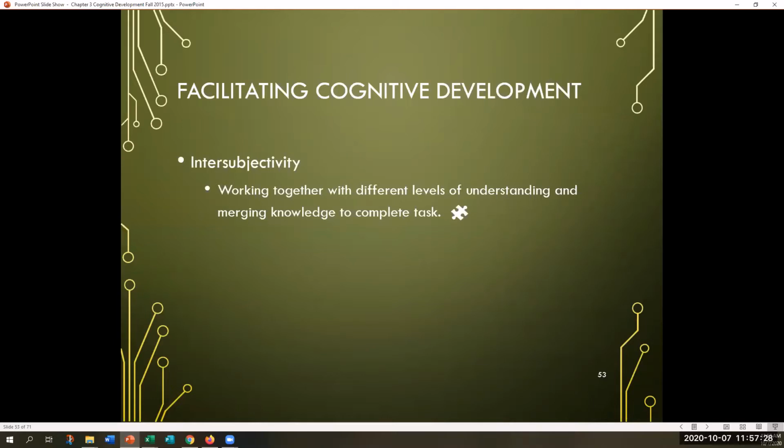People work together. For example, when you are in a group with someone, you know information, you bring that information to the group, the other person knows information, they bring that information to the group, and you work together so you build a deeper understanding of the information.